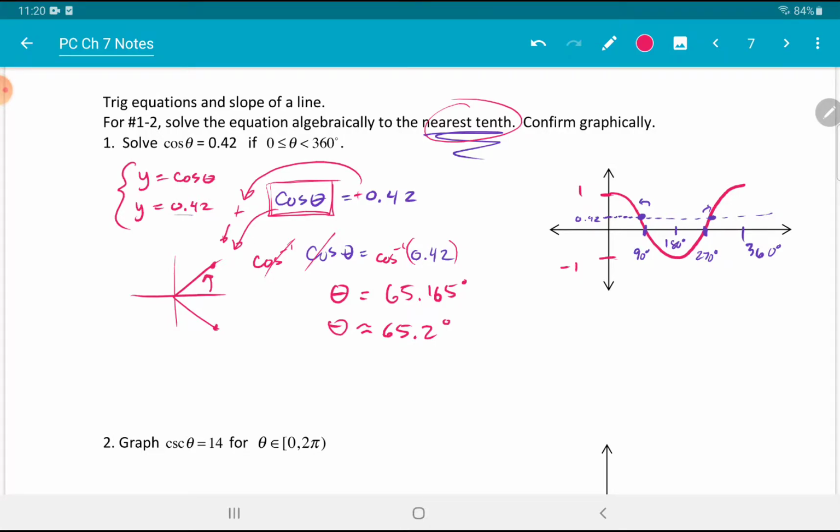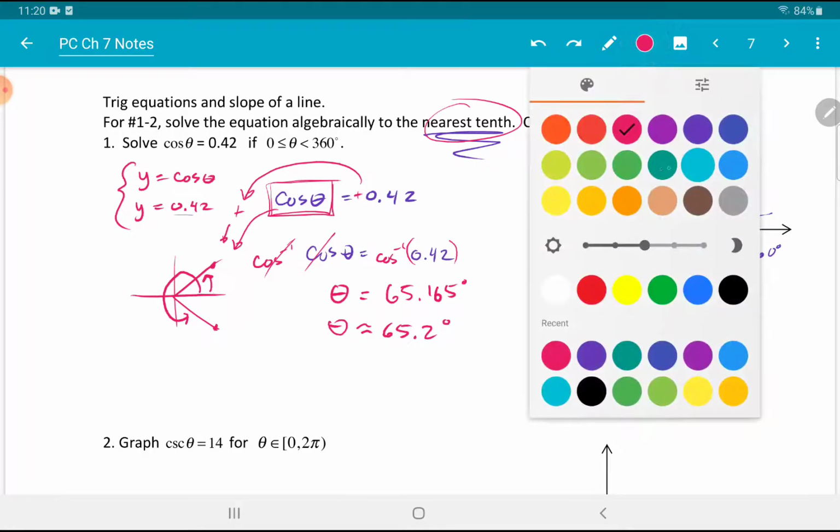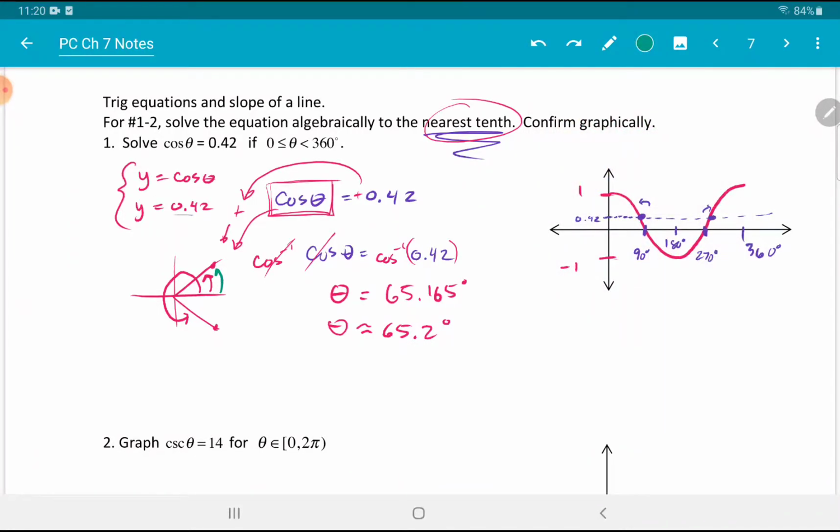So how do we find quadrant 4? If we go all the way around, we know that if this angle right here, let me do this in different colors so it's more noticeable, if this reference angle of 65.2 degrees takes us to quadrant 1, then we also know symmetrically we have a reference angle down here of 65.2 degrees as well.